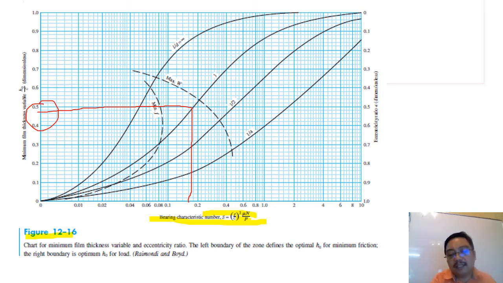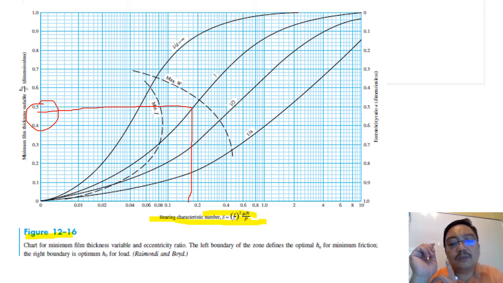In examination, it will be lengthy and thick, because we have to put this graph in the attachment. So it will also be a lengthy calculation to do all the answers for the question. So first, you have to know the Sommerfeld number.